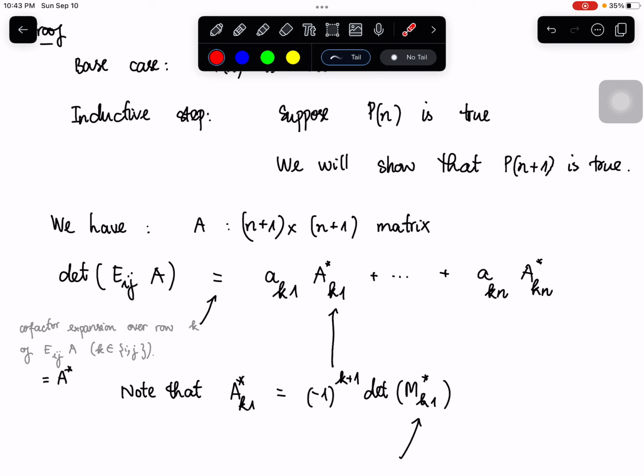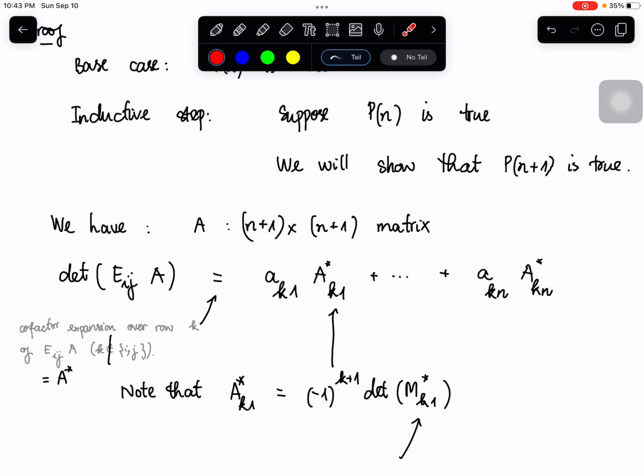So we can do cofactor expansion over row k, where k does not belong to the set {i, j}. So k is different from i and k is different from j. And we do cofactor expansion over row k of this matrix, which we call A star. So it's Ak1 times A star k1 plus ... plus Akn times A star kn.